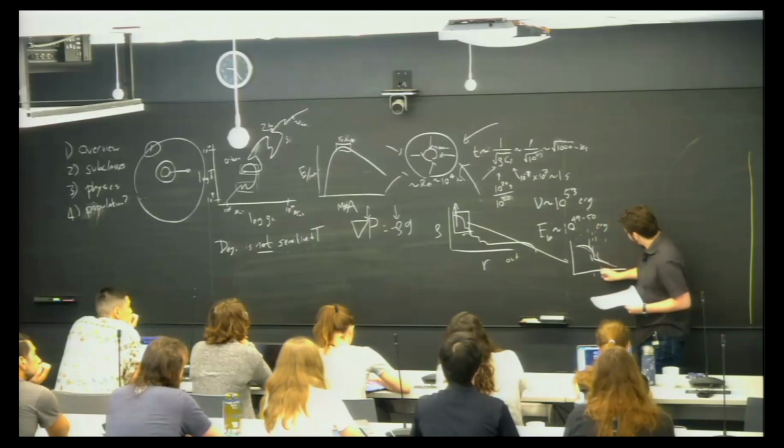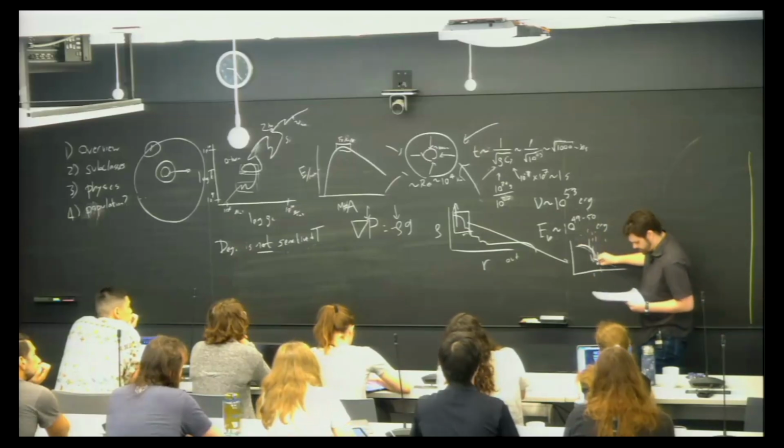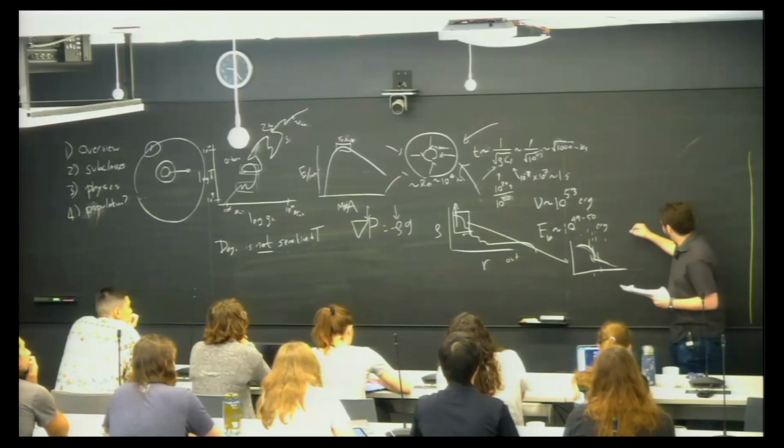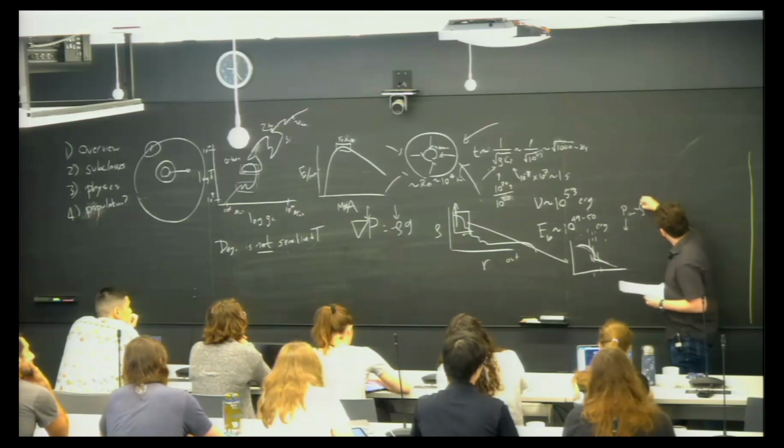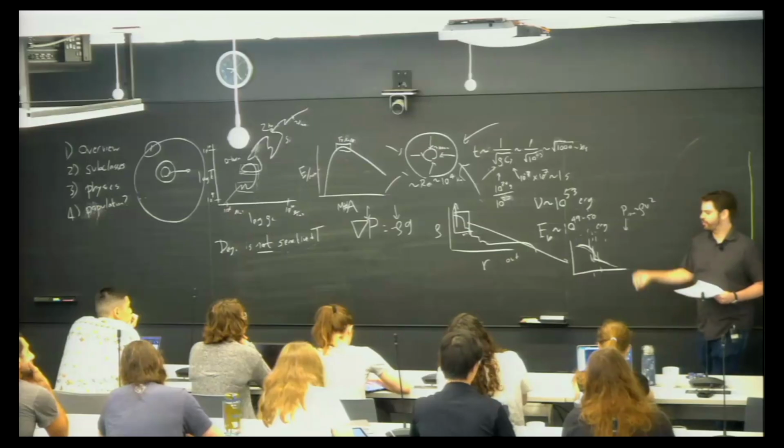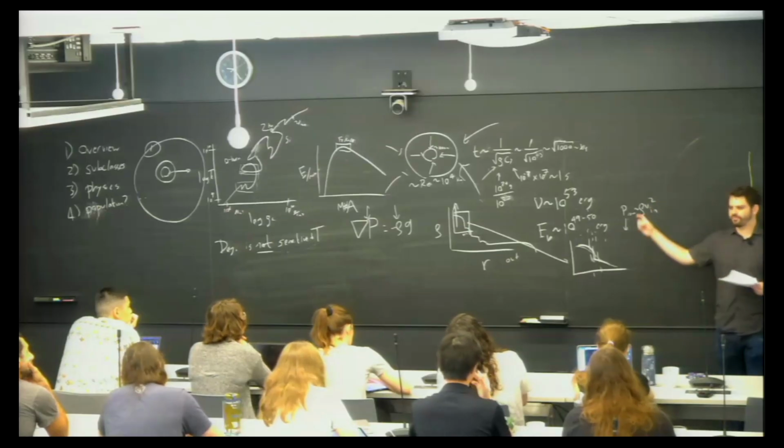And what that really tells you, the steepness of this, is that we have infalling material that exerts some ram pressure that goes something like rho v_infall squared.